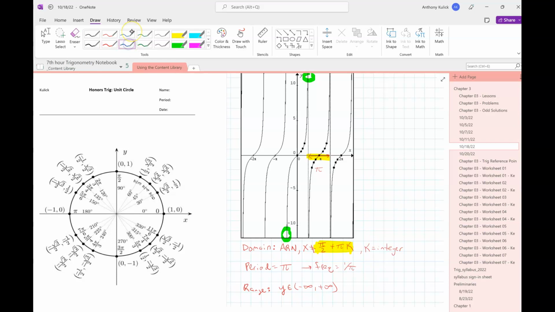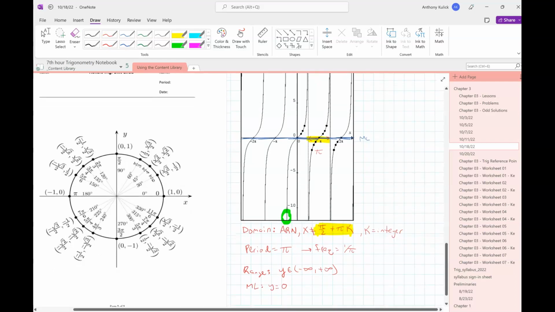Notice that we have a midline still for the tangent function, right? That's our midline, at y equals 0. What's the definition for the amplitude, though?